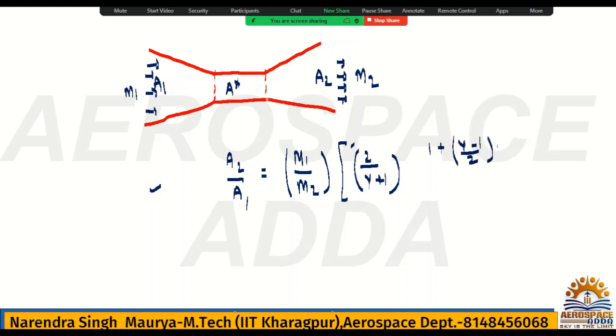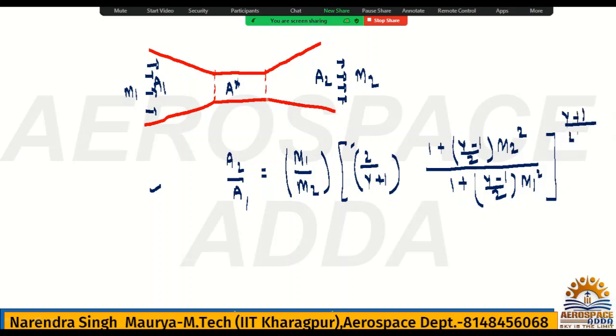It is A2, hence it is M2 square. It is A1, hence it is 1 plus gamma minus 1 by 2 M1 square, all in the bracket to the power gamma plus 1 by 2. Okay, always remember, dear.